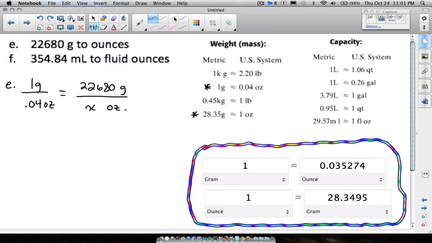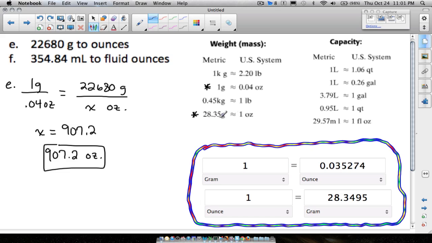If we cross multiply here, 1 times X is X, and if you multiply 22,680 times 0.04, going to the calculator for that, we end up with an answer of 907.2. So therefore our answer is going to be 907.2 ounces. According to this one that we used here, 22,680 grams is the same thing as 907.2 ounces.